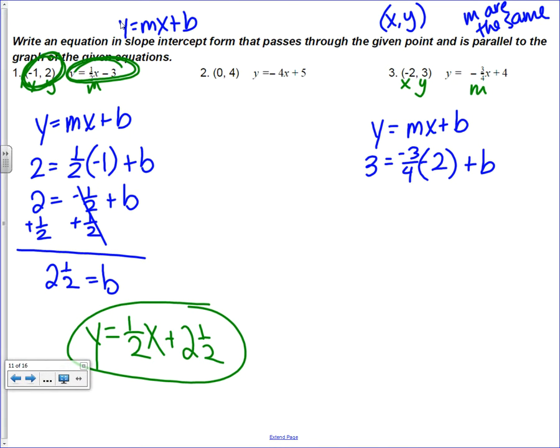How's everybody doing? All right, Cody, what are you going to do next? Perfect. -3/4 times -2. What do you get, sir? Awesome. And then how do you solve that, Cody? The 1 1/2? And what do you get for your b then?